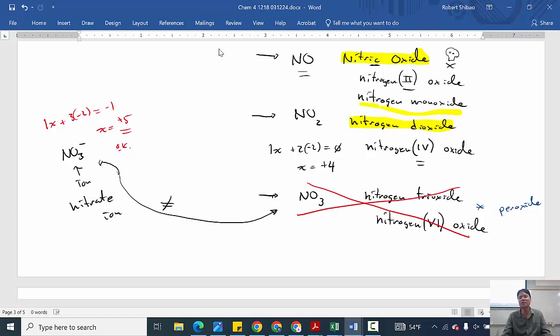Do you know what peroxide is? What is the charge on each oxygen in peroxide? Peroxide is O2 2-, means each oxygen is -1. So what could happen is, yes, we could throw in more oxygens, but some of those oxygens have to be linked together like a peroxide. And peroxides are highly unstable. But the nitrogen is not going to go beyond +5.